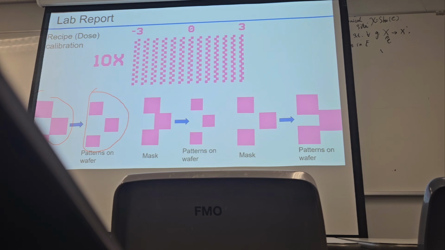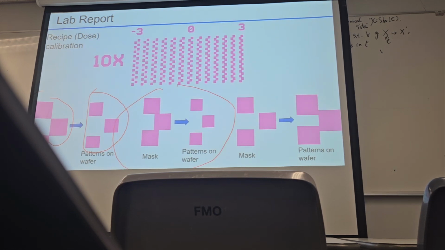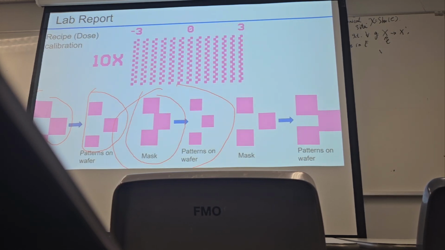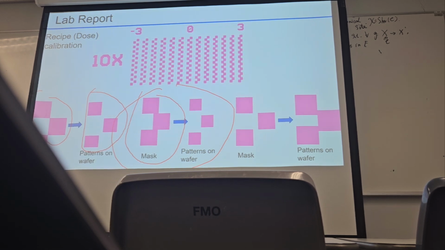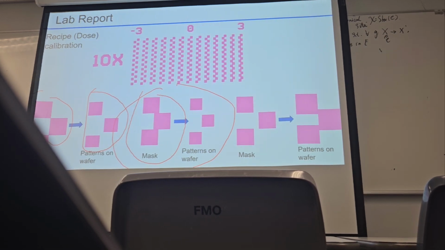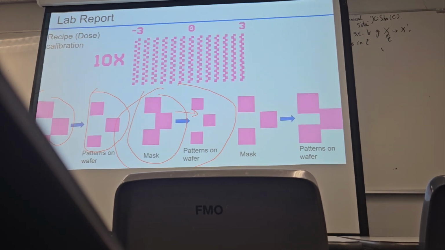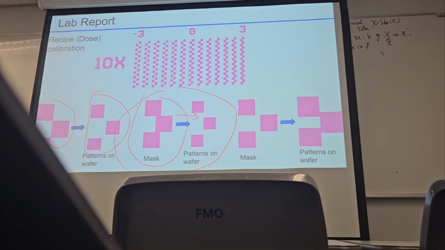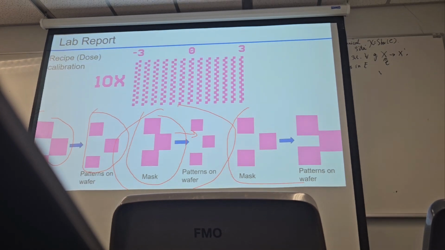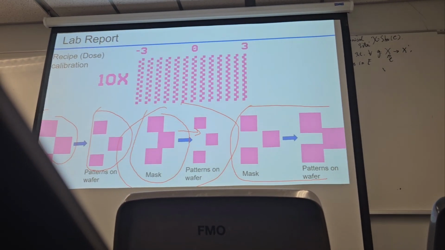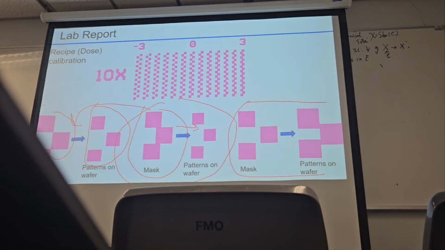For the next one, for example, this is a pattern on the mask, still the same bright mask with positive PR. If we get this, definitely the DOS is too large, even larger than the first one.